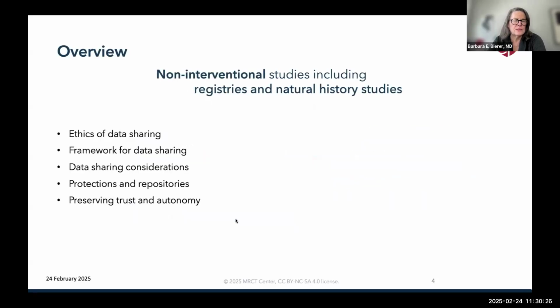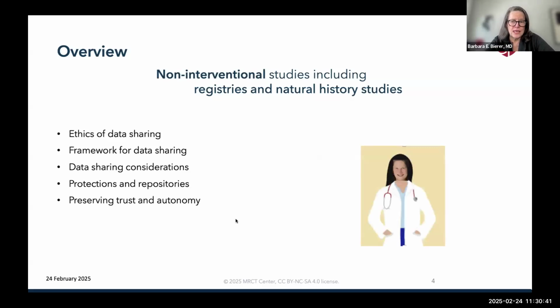So I'm going to talk about the ethics of data sharing, but not really, because Allison is going to follow on later today and talk about the framework for data sharing: considerations, protections and repositories, and preserving trust and autonomy. And just to say, this is entirely my perspective, as a clinician and as somebody who has thought about this a fair amount. We are really looking at non-interventional studies, including registries and natural history studies.